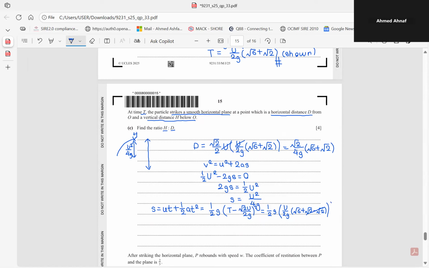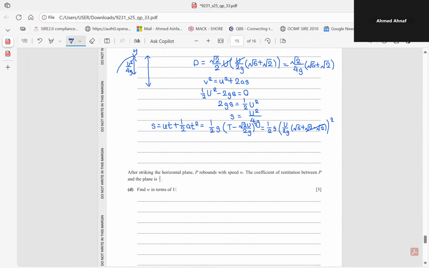So the square root 2's cancel out, whole thing squared. You get half g times square root 6 u over 2g, whole thing squared. So you get half g times 6 big U squared over 4g squared. So the g's cancel out.